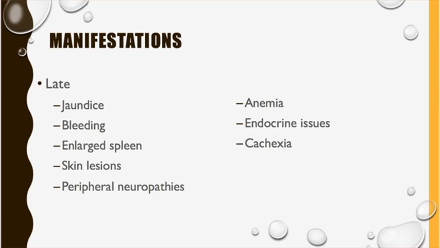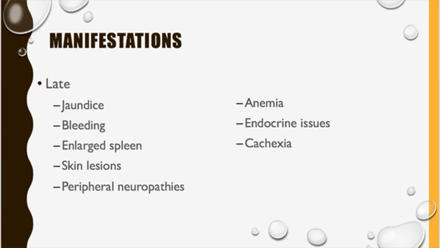Some later manifestations include jaundice, bleeding due to that decreased production of hepatic clotting factor because of that inability to synthesize vitamin K, an enlarged spleen from backup of blood from the portal vein. Having an enlarged spleen can lead to things like thrombocytopenia, leukopenia, and anemia.